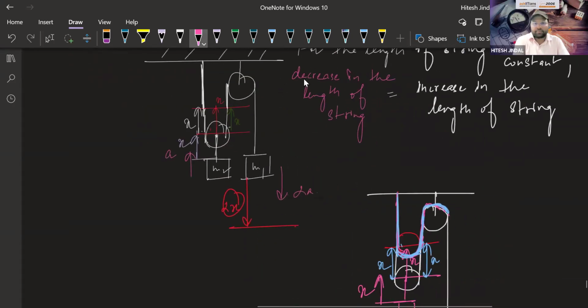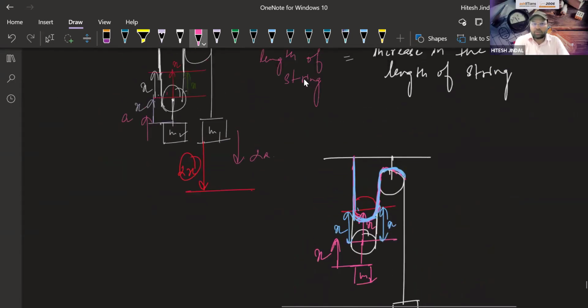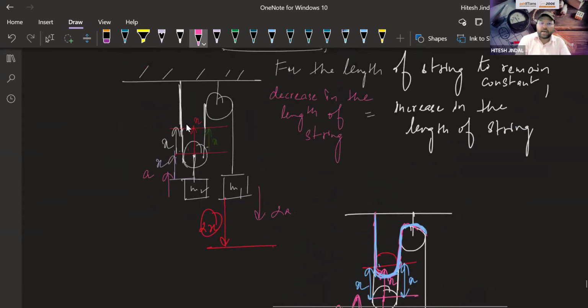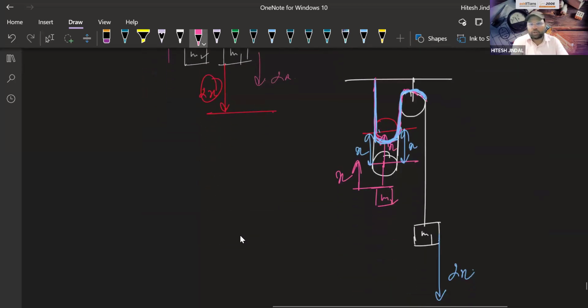Okay, guys. Now we have understood the constraint that if this is A up, this is 2A down. Now we have to solve for the acceleration value and the tension value. We have to write the equations. How can we write it? For that, we have to draw the FBDs, free body diagrams of M1 and M2.